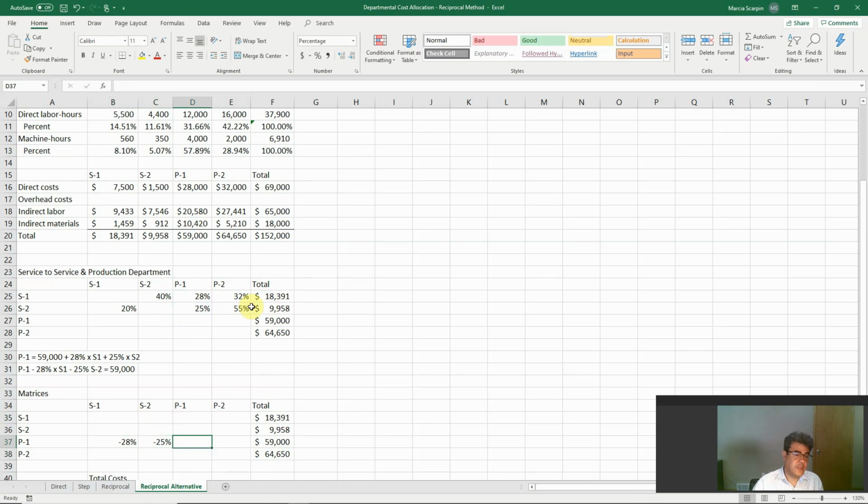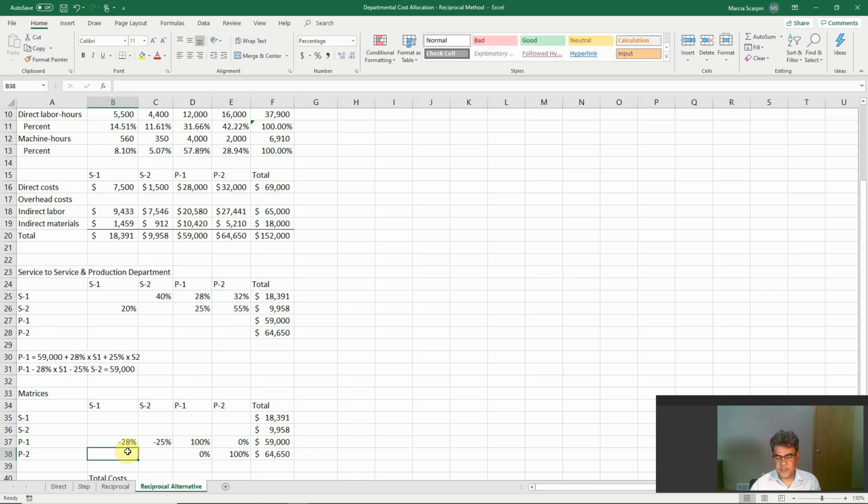Production 1 is the P1 here, so it is 100%. P2, nothing. We cannot leave it blank. Nothing. Production 2 will be 100% of the production 2 department, so 100% of this 64 here. Nothing for production 1, because here we have nothing on production 2.